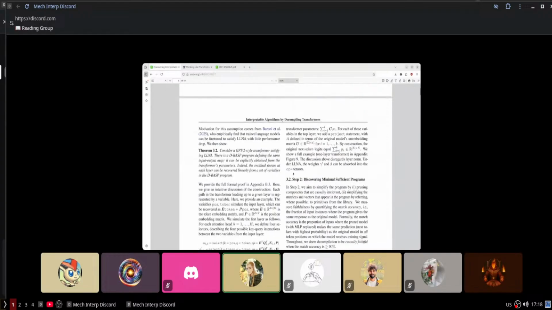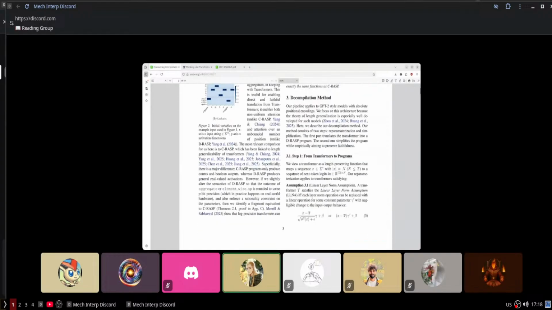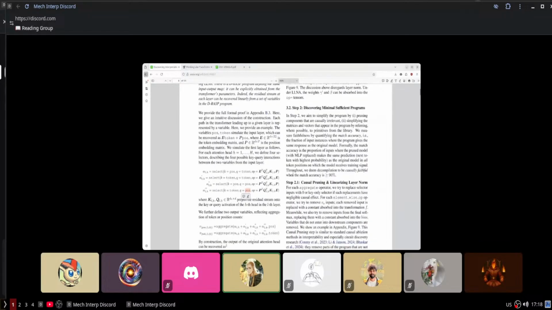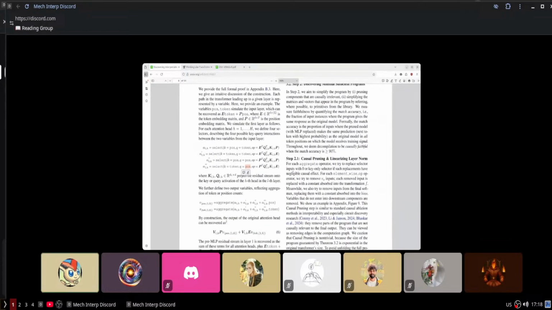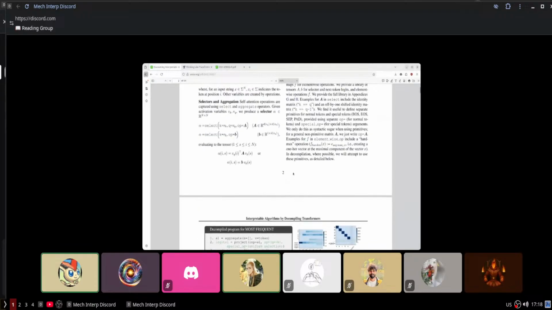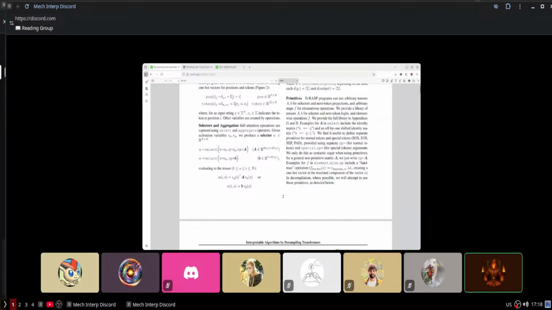But I guess their method only works with one hot embedding. I don't know if it works in general. Oh, it doesn't have to, right? Well, not for what they're doing. No, it doesn't have to, because there's nothing mechanistic about this so far. I mean, I'm wondering. Sorry, go ahead.